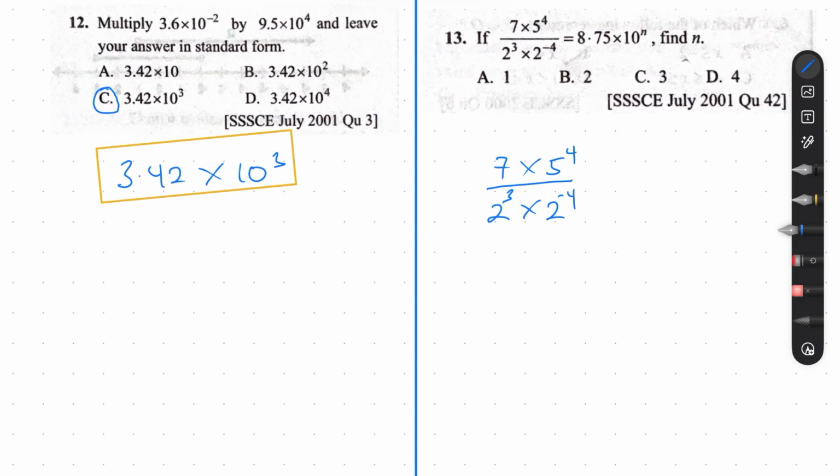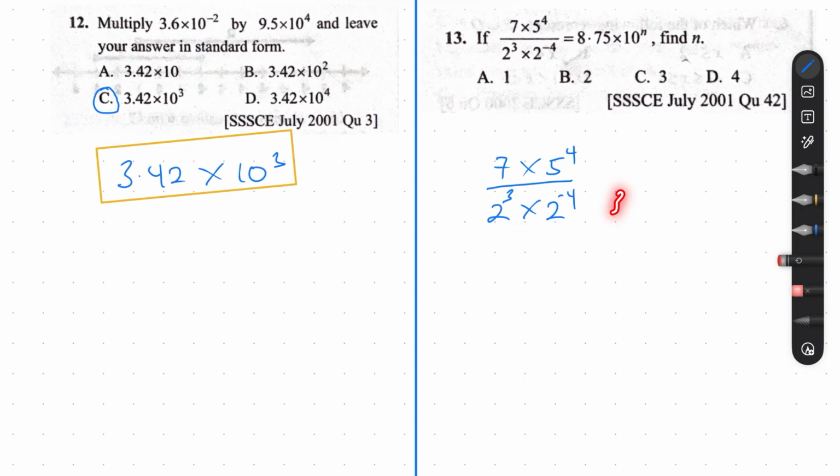Okay, so what do we do? Now let's first deal with the denominator. At the denominator, we see that the bases are the same, 2 and 2, and then the exponents are 3 and negative 4. So by the rule of indices, when you have the same bases, you add the exponents.